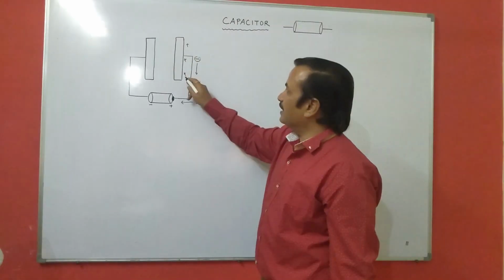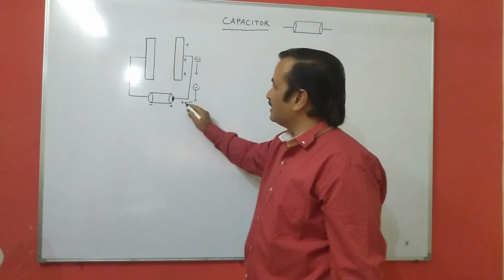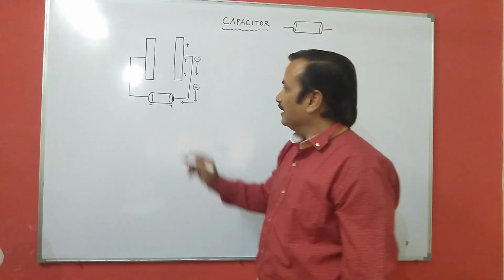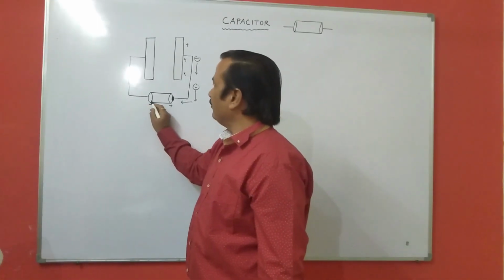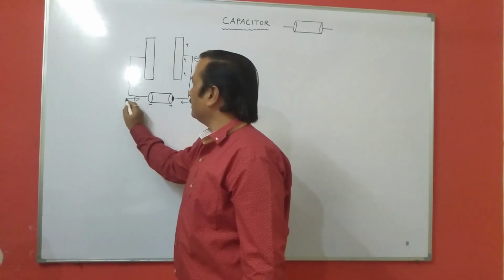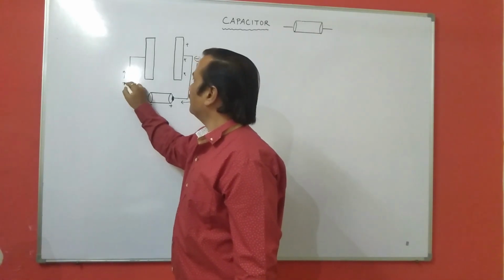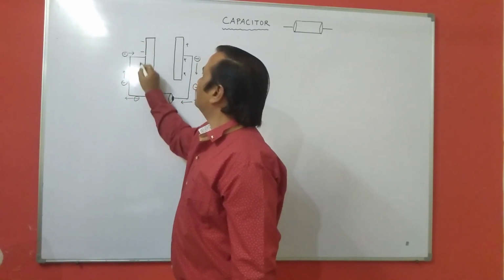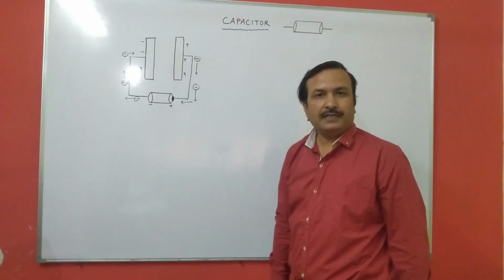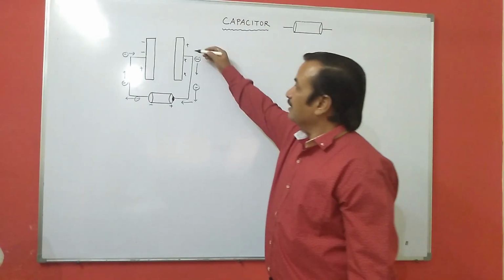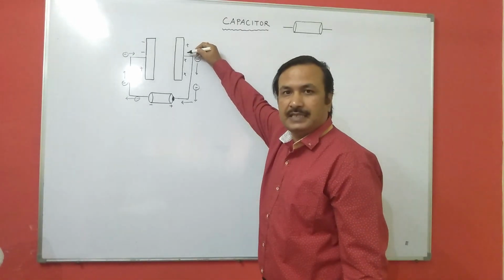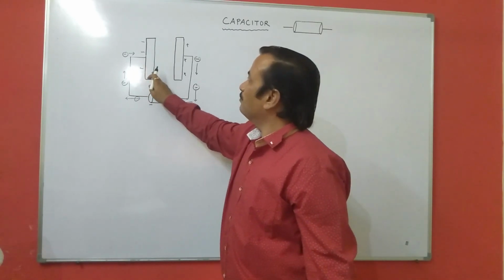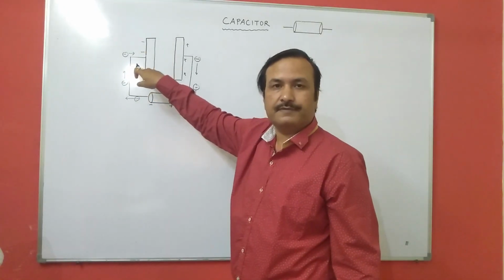When they leave positive charges over here and these negative charges are attracted towards the positive terminal of the cell, at the same time the negative will be repelled from here and will reach this plate, right? So you can see here it is more positively charged than negative, and this sheet is more negatively charged than positive.